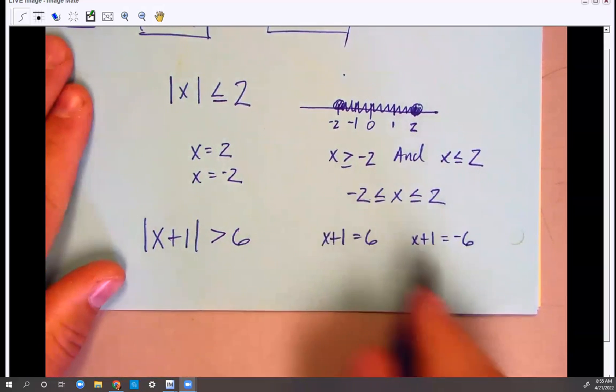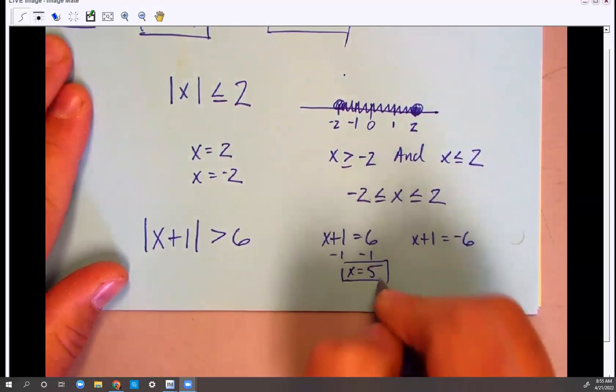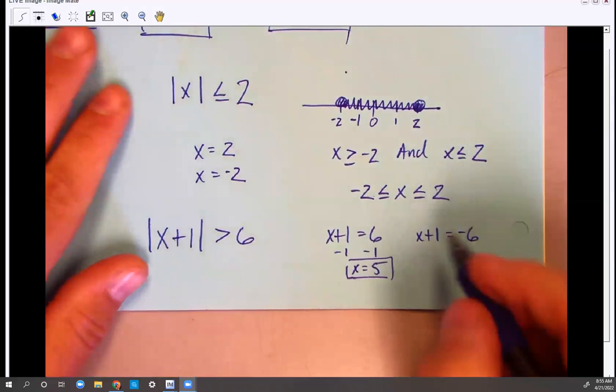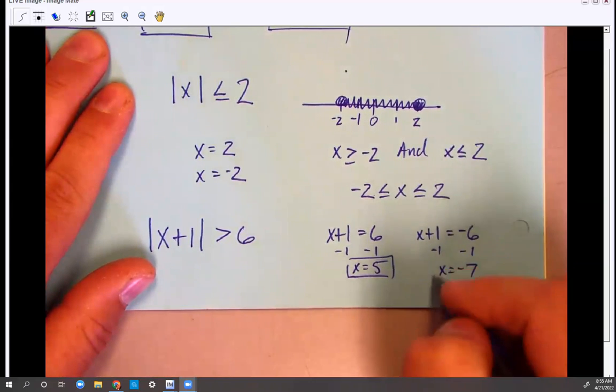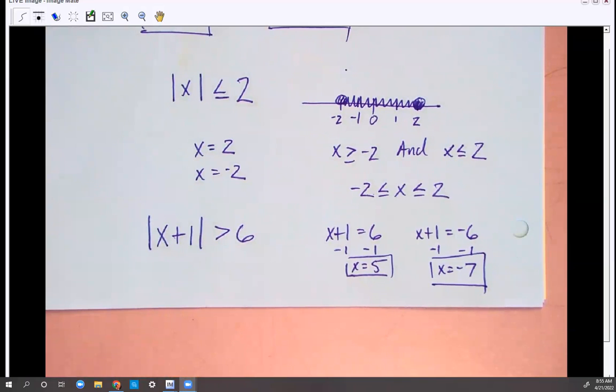If we solve these statements separately, we get 5 as a possible way of finding a boundary of 6. And if we solve this one, we get -7 as another way of getting 6 as a boundary.